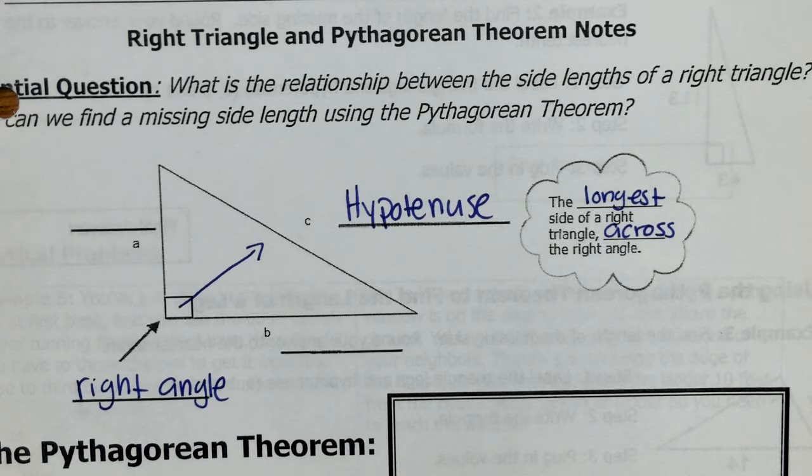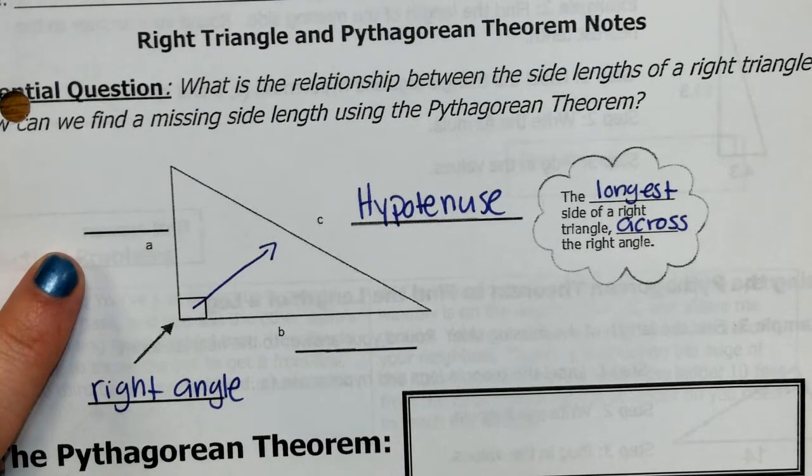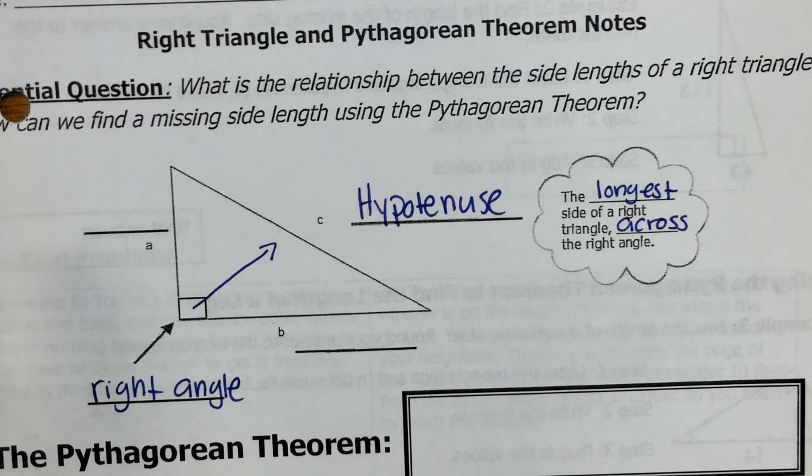Can someone else tell me what A and B are called? It starts with an L. Here's a hint: you have two of them on your body.